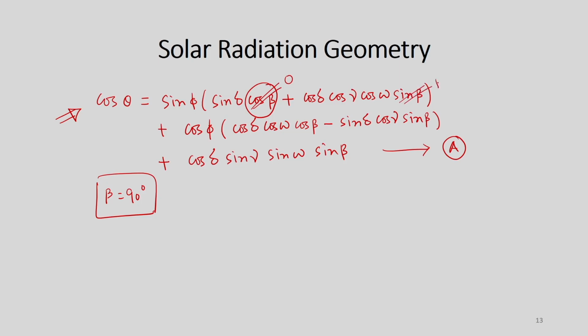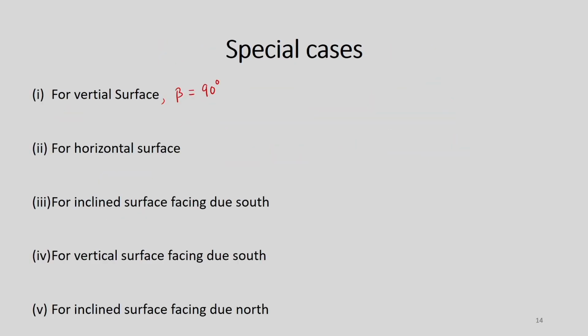So, this will be retained. This will be 1, and this part will be 0, means this expression will be 0, and then this will be 1. Okay. So, if we simplify, then what expression will we get here?